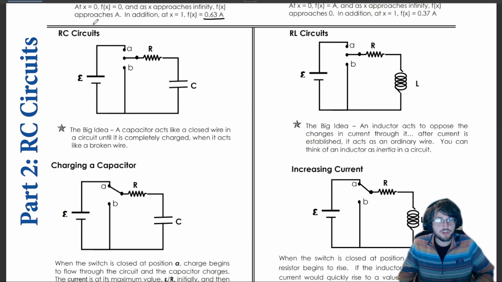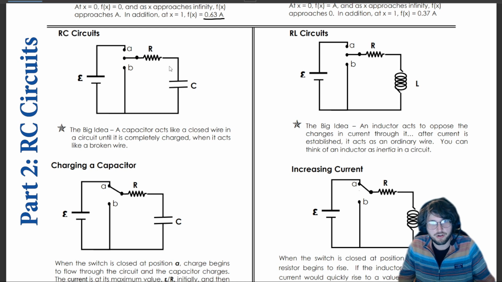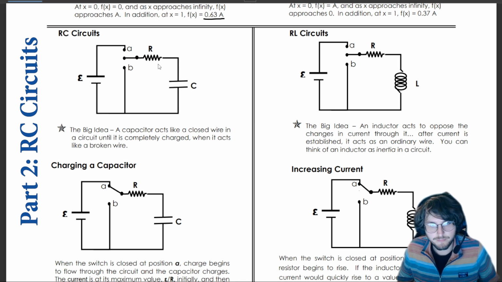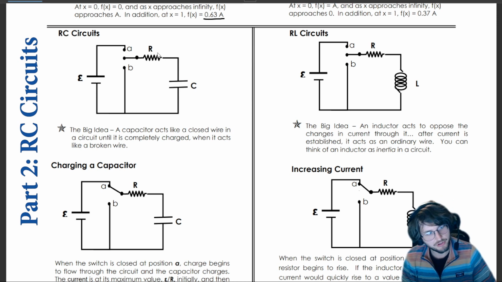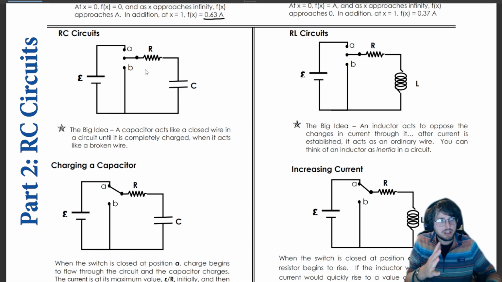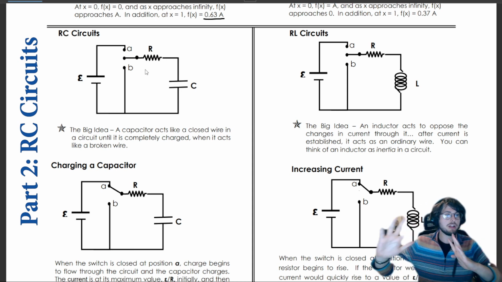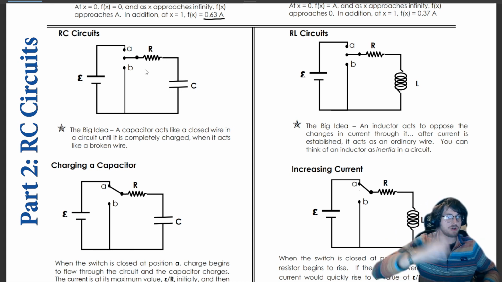So, first things first, RC circuits. You might have seen these already. They're very fun to play around with. But these resistor-capacitor circuits, as we call them, generally operate with a resistor and a capacitor. More specifically, generally you hook them up in parallel or something so that you can switch it on and off.